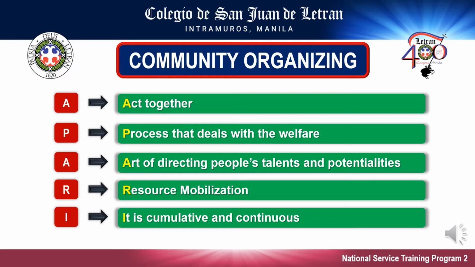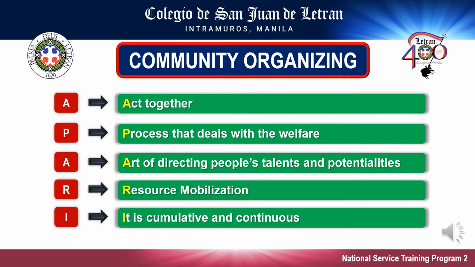Act Together. It is a long-term, democratically regulated process in which people are brought together to work in their common self-interest in identifying community challenges and solutions. Process that deals with the welfare. It is a procedure for dealing with the well-being of individuals or groups in order to meet their requirements.